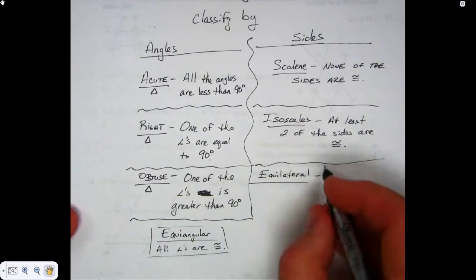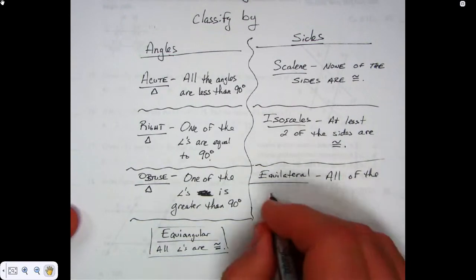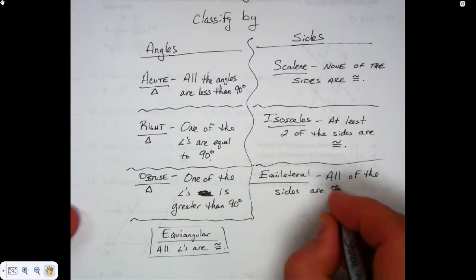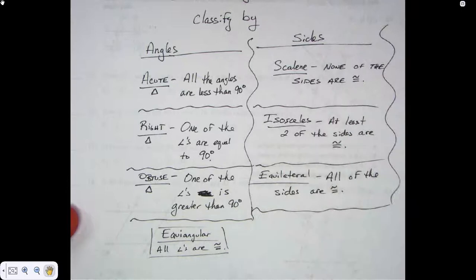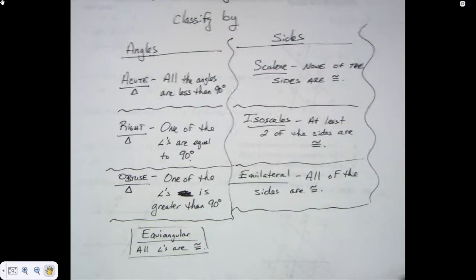Equilateral. All of the sides are congruent. That is how we classify triangles.